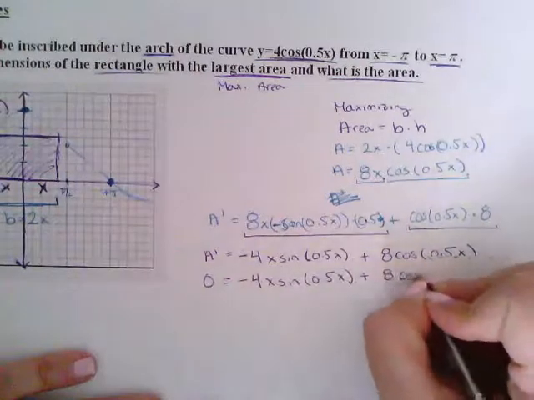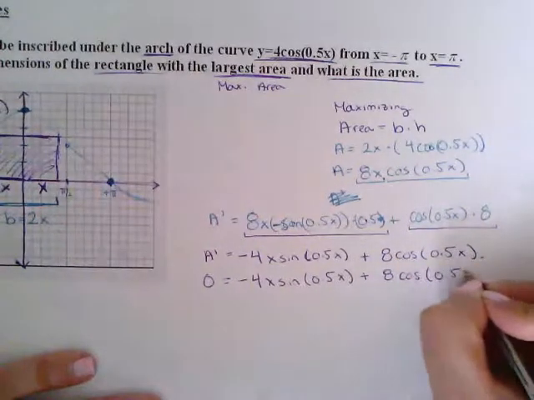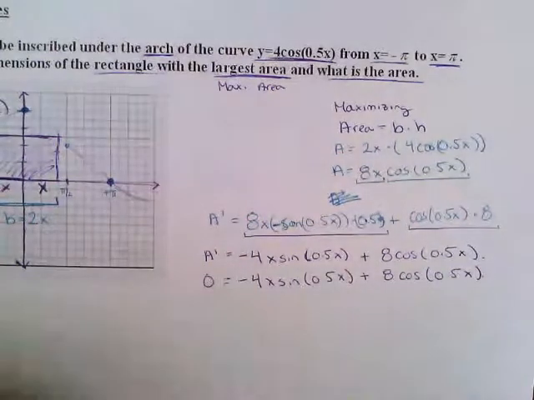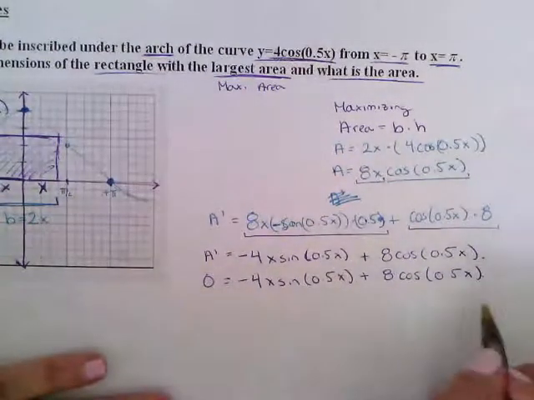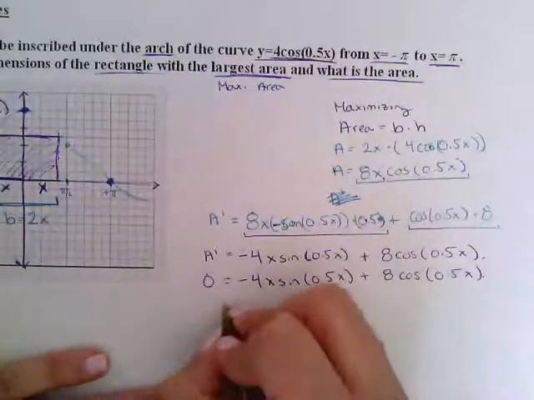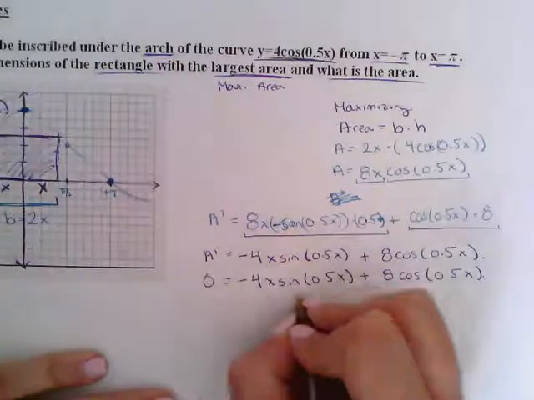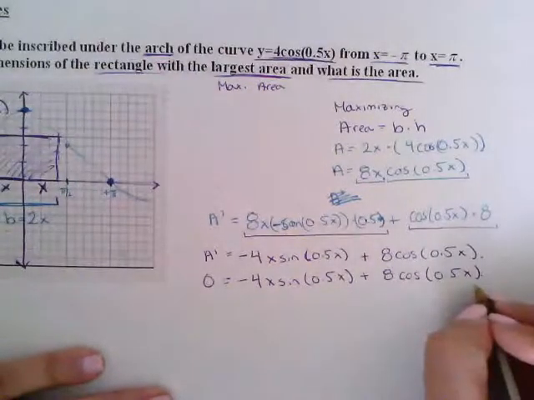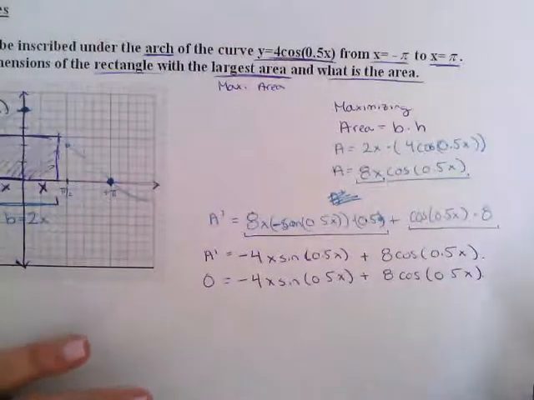Set this equal to 0. Now I wish I had my calculator and I can show you how to do the numerical solve for this in your calculator. If you don't know, this is impossible to solve without a calculator. It's not impossible, but it's going to take too long.